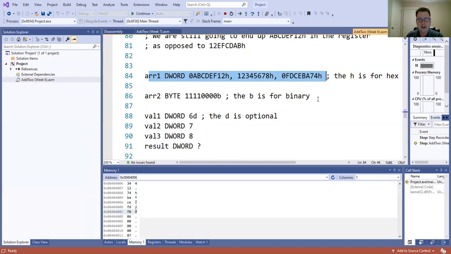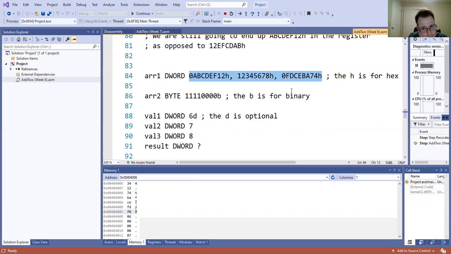We think of it as all 3 of these values being part of array 1, which on a conceptual level is how we typically think about this. But physically, what we're also seeing here is that everything in the entire data segment is essentially one big array. It's all stored back to back.